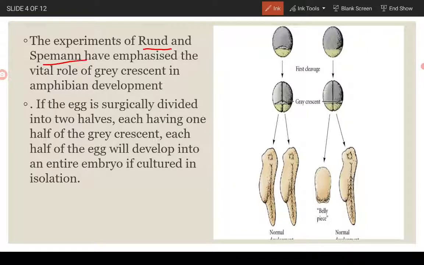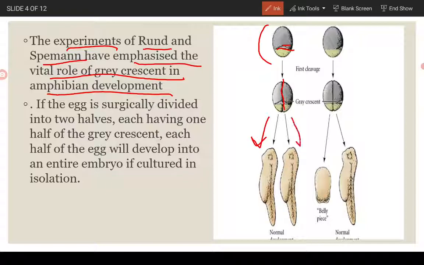Roux and Spemann did an experiment to emphasize the vital role of the gray crescent in amphibian development. If this is a frog egg and this little area is the gray crescent, first cleavage divides the gray crescent into two equal parts, and two normal frog embryos are formed.